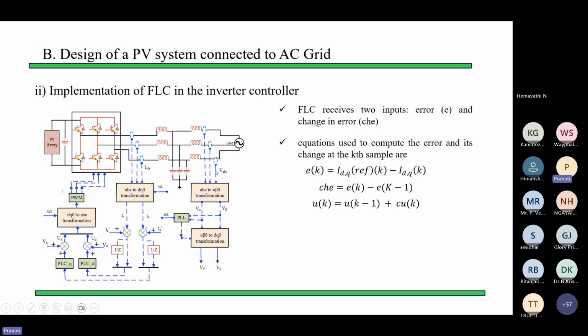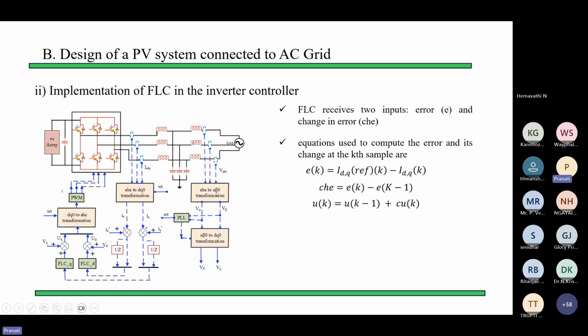Now, this is a voltage sensor, which produces the voltage in the ABC coordinate. This once again needs to be transformed into the alpha beta coordinates and again to the DQ coordinates. Why alpha beta? Because we need to work with the PLL. PLL is the phase locked loop which synchronizes this inverter side voltage with the grid voltage and produces the angular frequency omega.